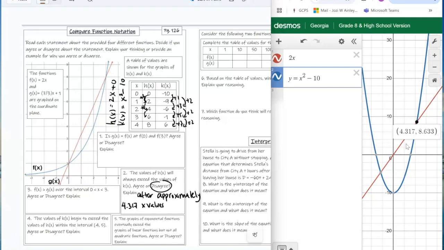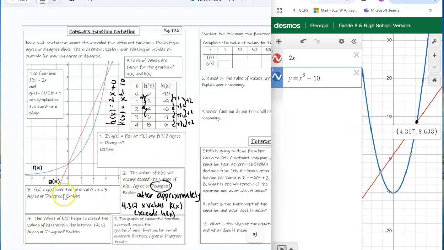Now, if it had time, I would use time, but it doesn't have anything to do with time, so I don't know what the x values are. So after approximately 4.317 x values, then k of x exceeds h of x. So basically, after this one, the blue line, which is the quadratic, which is k of x, is bigger than the red line, which is h of x.